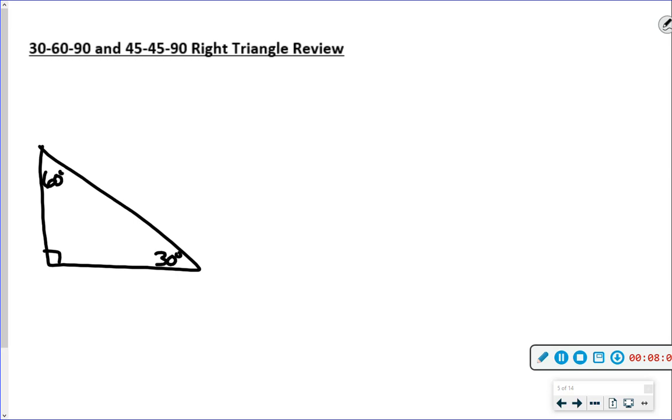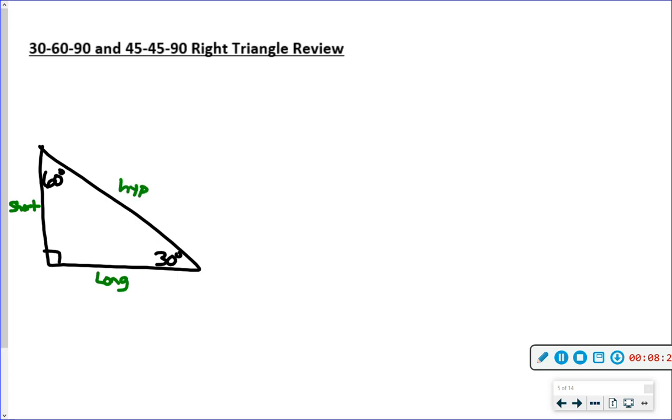Across from the smallest angle, 30, is our smallest side, which we call the short leg. And across from 60, our medium angle, is our medium side, the long leg. And then obviously we all know what the hypotenuse is.